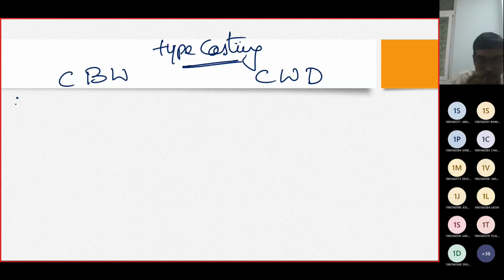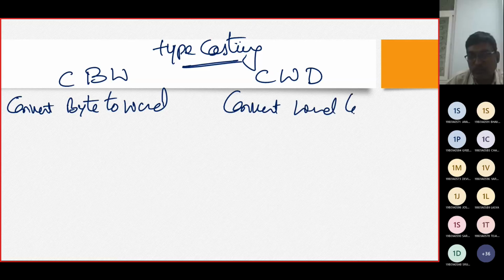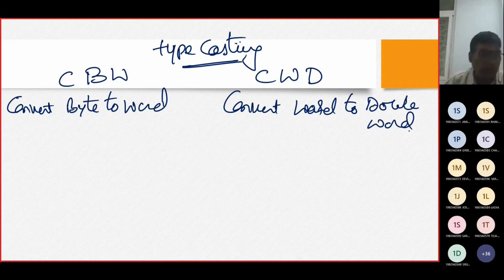CBW stands for convert byte to word, and CWD stands for convert word to double word.